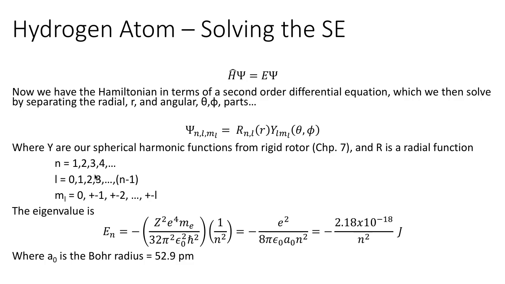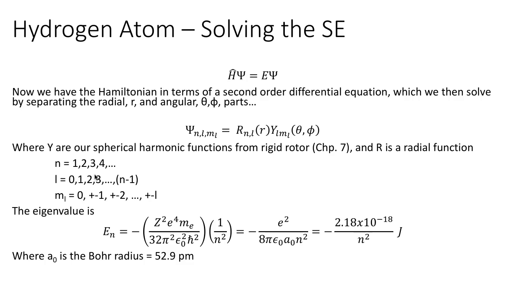We just have the Schrodinger equation, a second order differential equation. If we had this in class, I probably would show a lot more about how you separate the variables. We end up separating the radial and the angular parts, you solve the second order differential equation, and you end up with this wave function. It's a function of n, l, and m sub l.